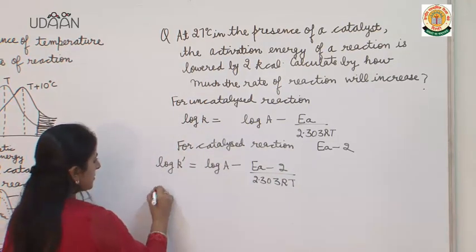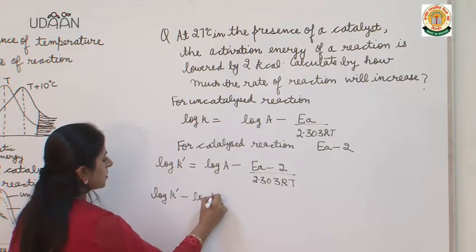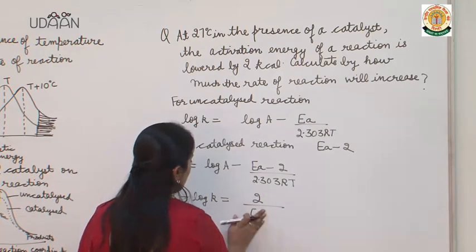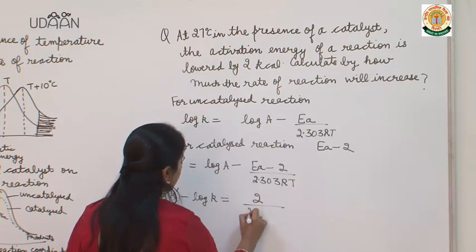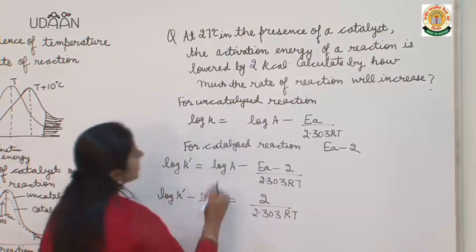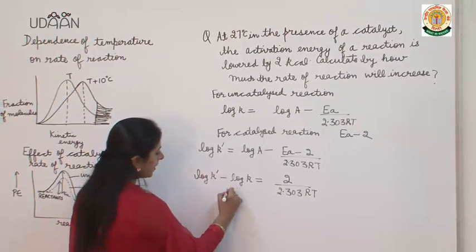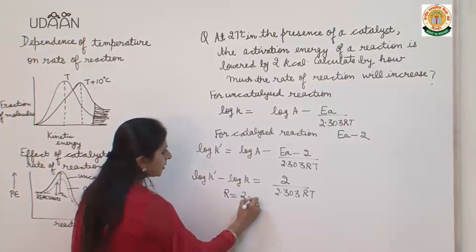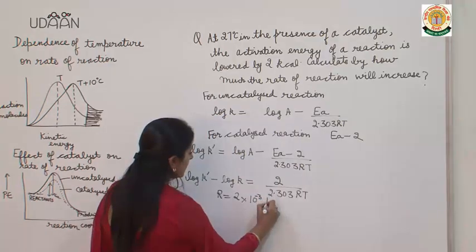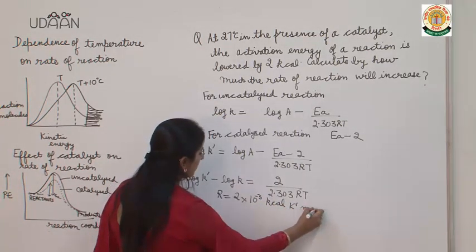Now let me subtract log K prime minus log K. So I will get, after rearranging, 2 upon 2.303 RT. Temperature I have been already given in degree Celsius. I will convert it into Kelvin. R की वैल्यू मैं डालूंगी 2 into 10 to the power minus 3 kilocalorie Kelvin inverse mole inverse.